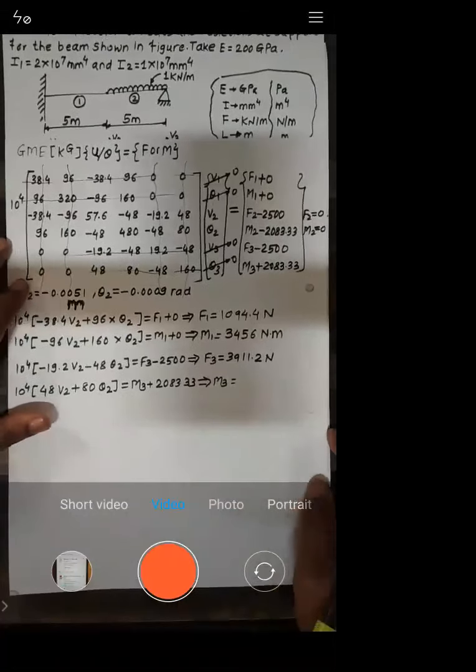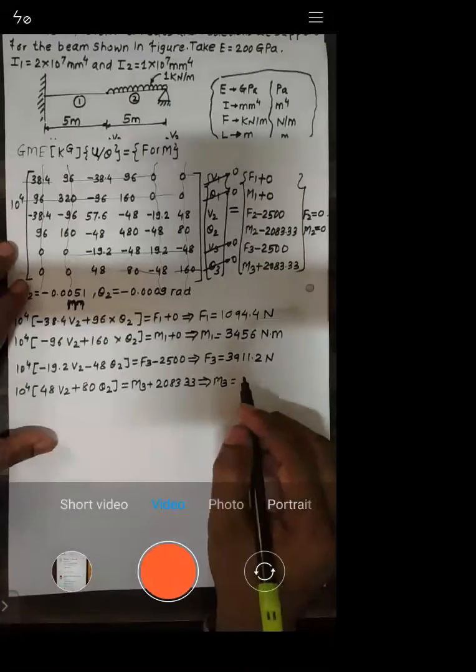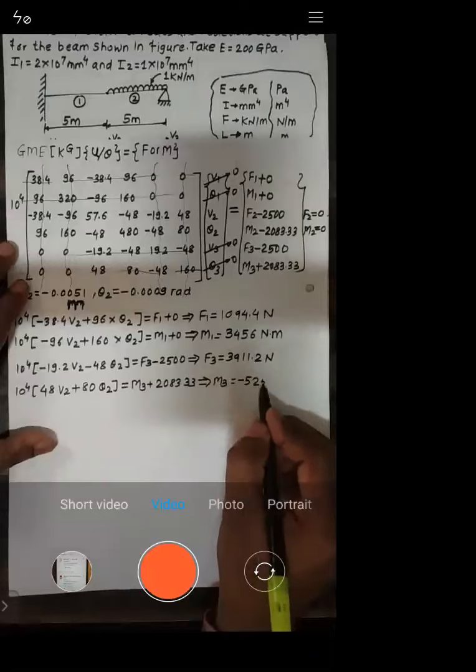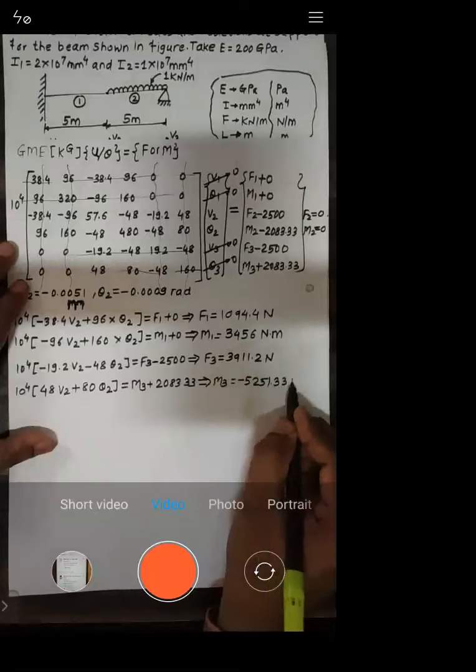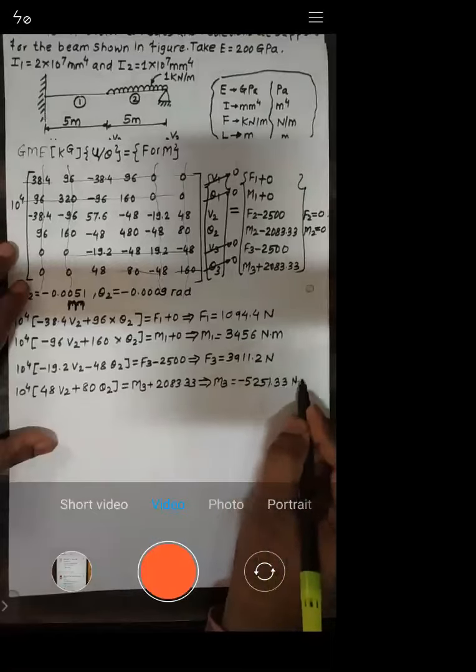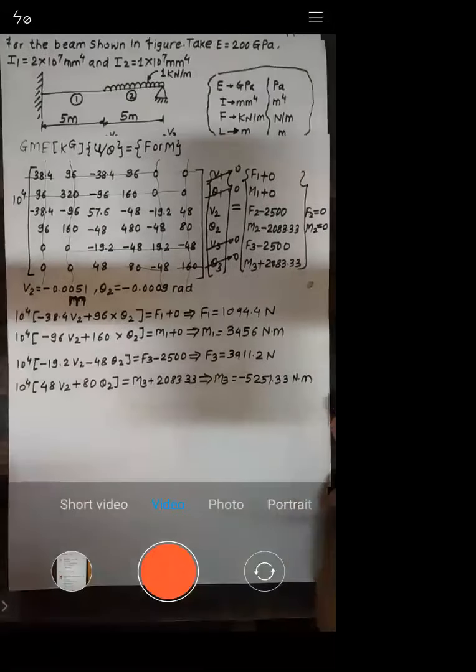M3 is minus 5251.33. All of you getting the same answer? Let me check whether all of you are getting the same answer or not. Do it.